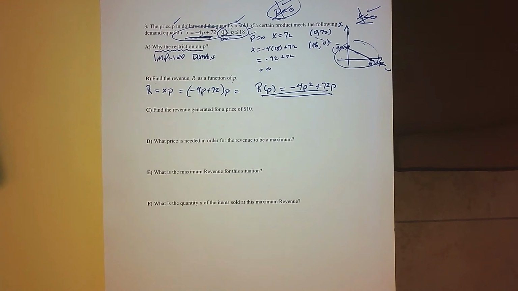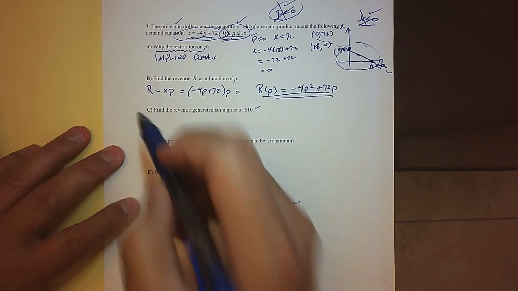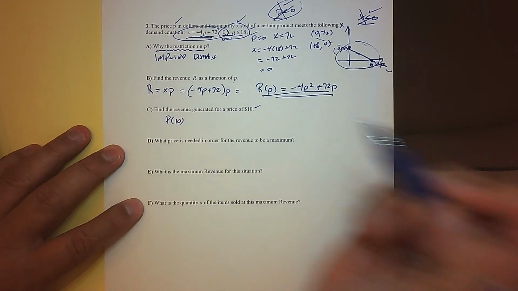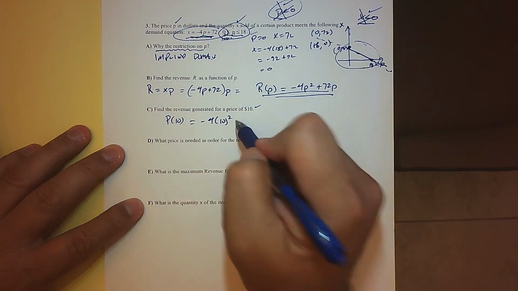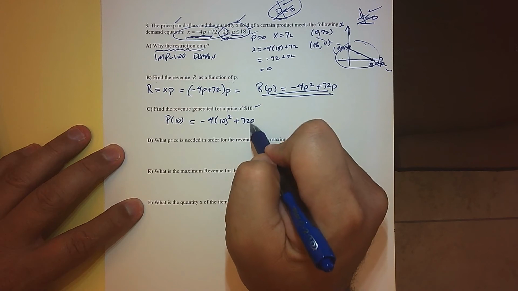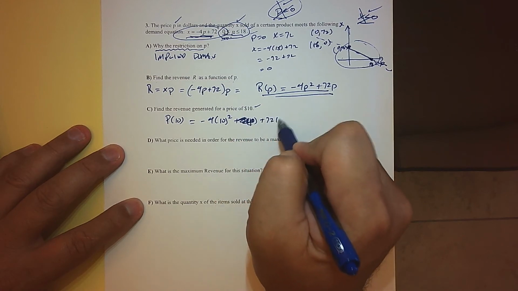Unlike the last example where it was dependent on the number of units, our revenue function is now dependent on the price. They're now asking us to find the revenue generated for a price of 10. Well, that's just R of 10. So I plug that value in, and I'll do it right this time: negative 4 times 10 squared plus 72 times 10.